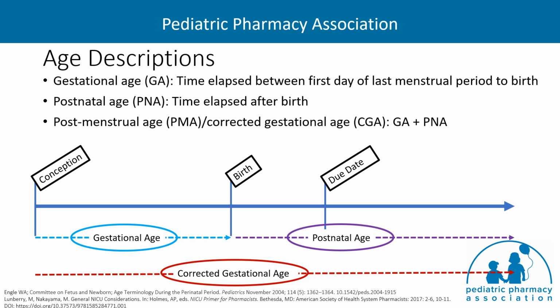Postnatal age, or PNA, will be the time elapsed after birth. So from time of delivery onward will be your postnatal age. Postmenstrual age, or corrected gestational age, which are often used interchangeably in practice, refer to gestational age plus the postnatal age. So as you can see in the bottom, that is the whole timeline put together.